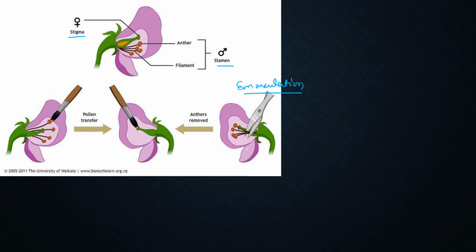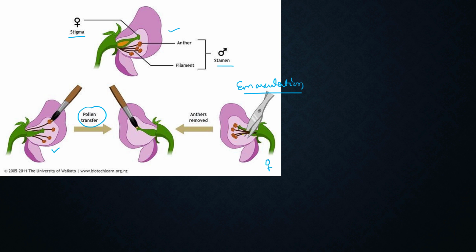Once we do that, we go for bagging, and if the stigma is matured, we allow the pollen transfer from the desired plant. So here we have the plant from which we are going to take the pollen grain. There is some superior quality here and there is some superior quality here. So this is our emasculated flower that is going to represent the female, right?